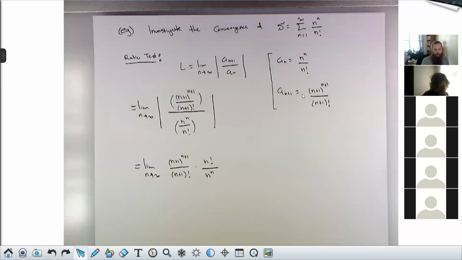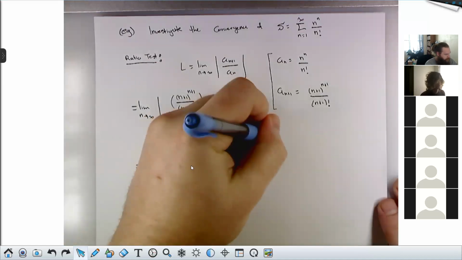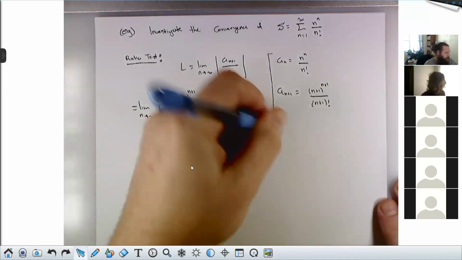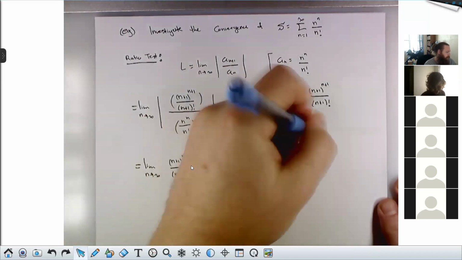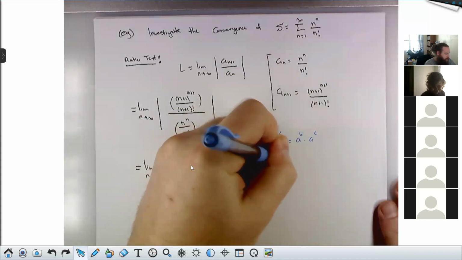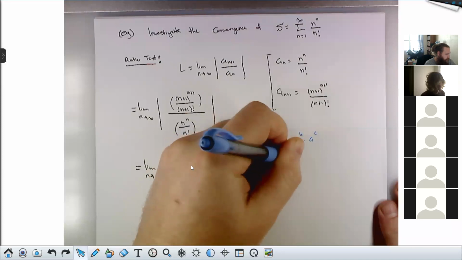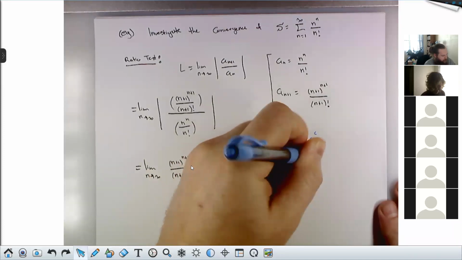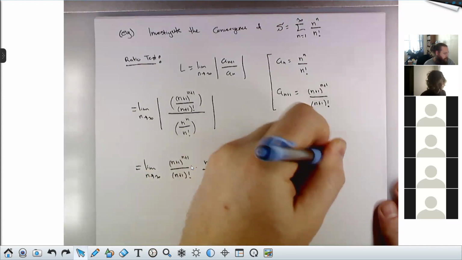But now we've got an algebra challenge. How do I simplify this into something we can handle? (n+1) factorial, we know a little bit about that. We looked at those at the end of class on Tuesday. (n+1) to the n+1 can also be broken up using some rules. Remember, a raised to the power of b plus c is a to the b times a to the c. So (n+1) raised to the power of n+1 is (n+1) to the n times (n+1) to the 1.